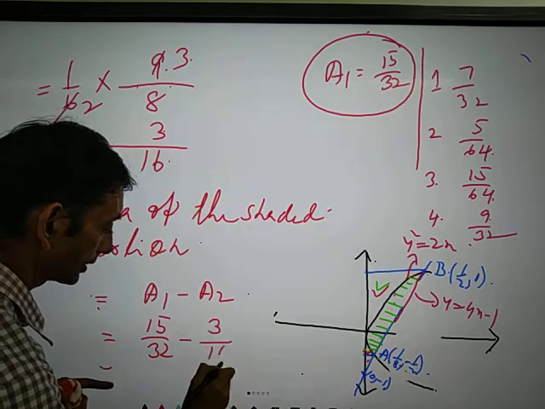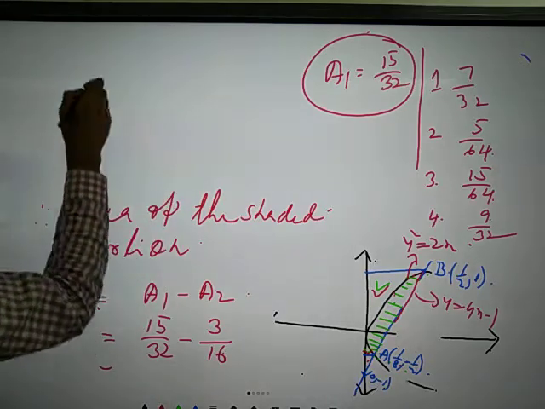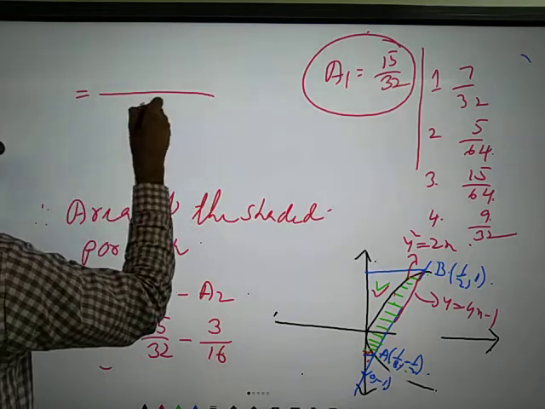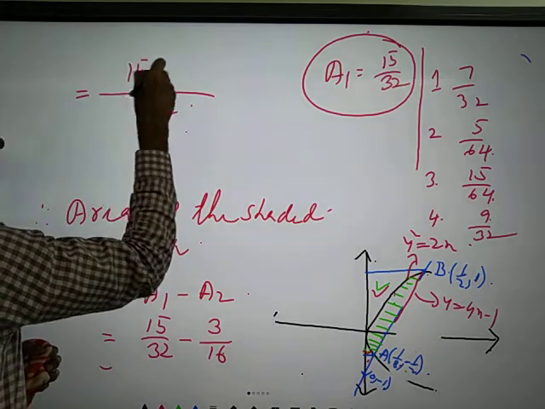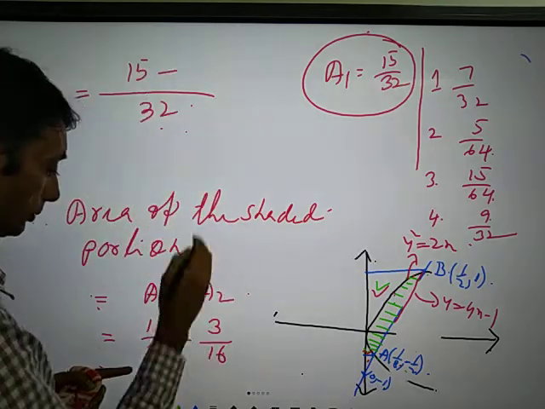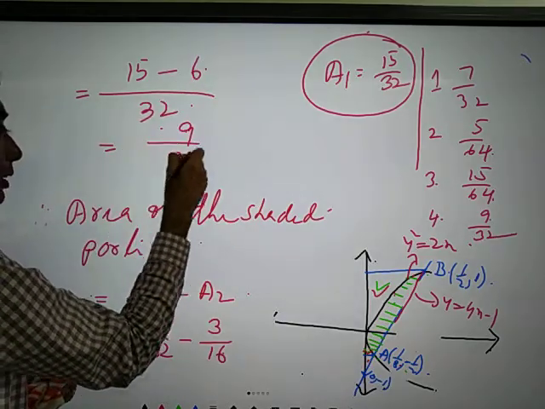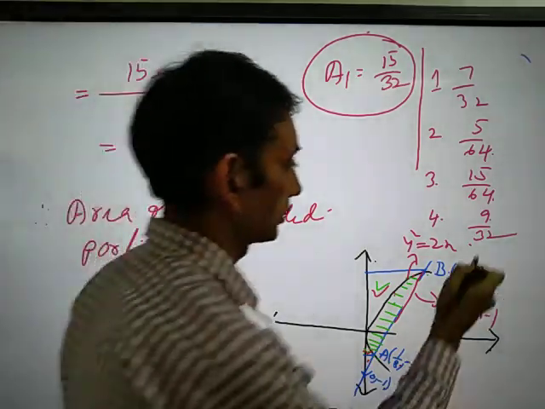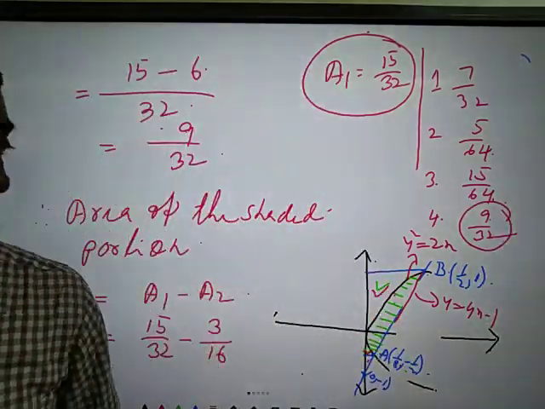If you simplify this, 32 is the LCM, and 15 minus 3 into 2, that is 6. So this gives us 9 by 32. So 9 by 32 is the answer, that is option 4 is correct.